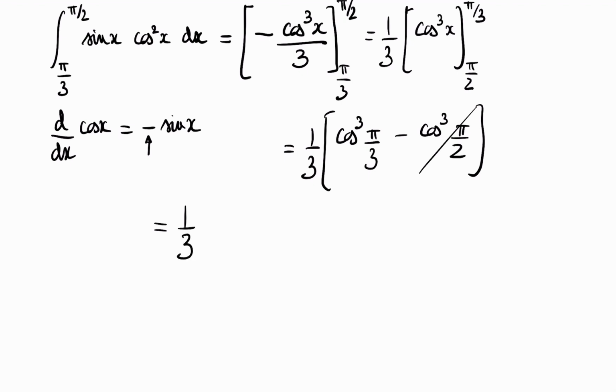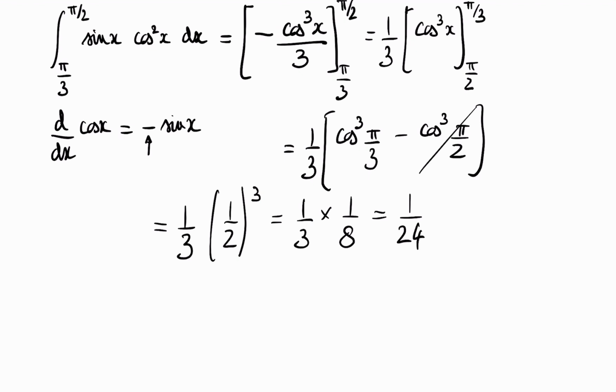Cosine of pi on 3 is 1/2, so therefore it's 1/2 to the power of 3. So it's 1/3 times 1/8, which is 1 over 24.